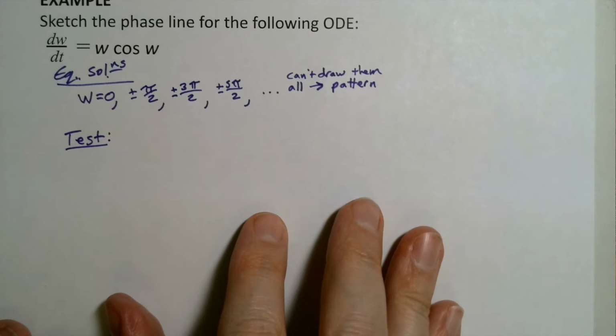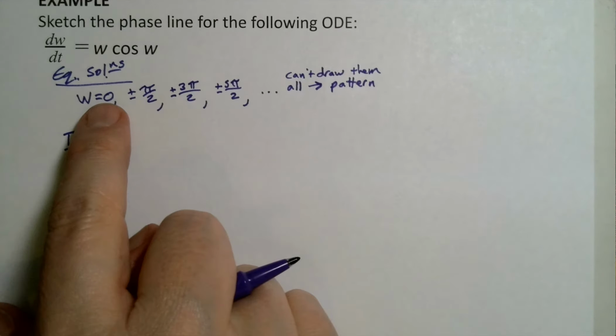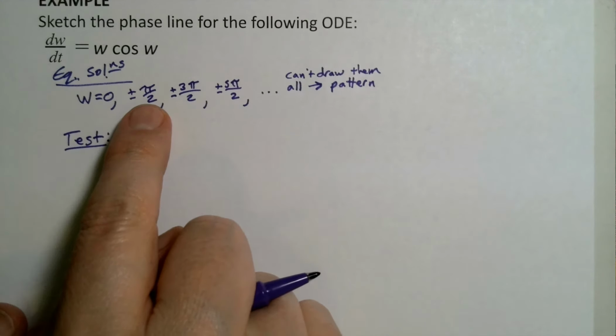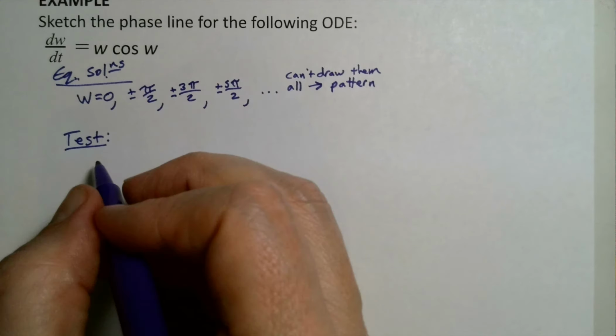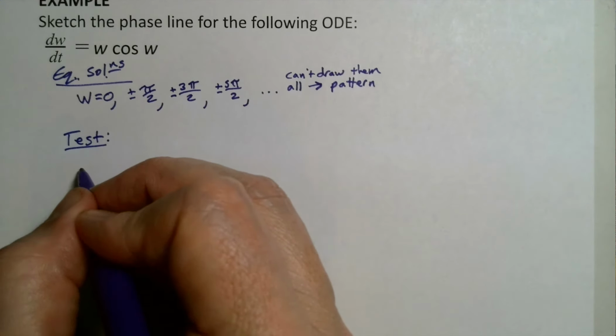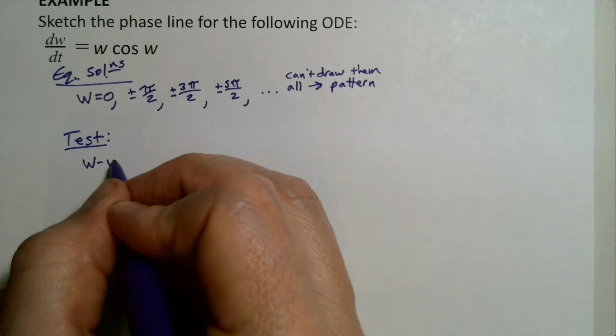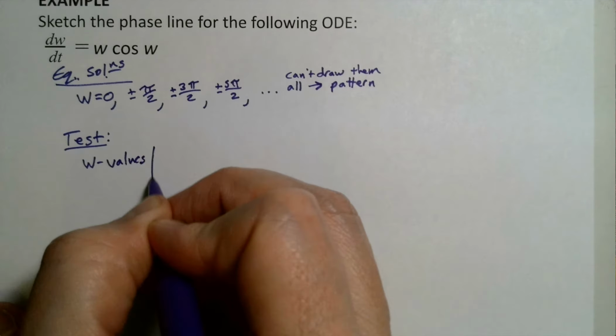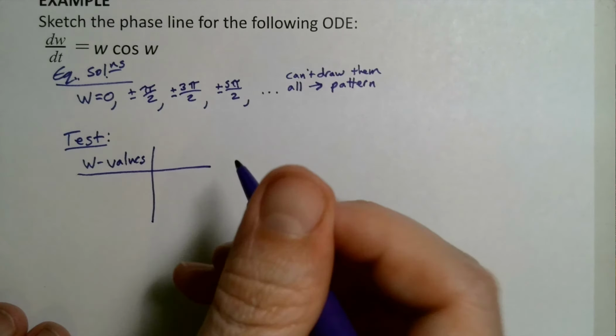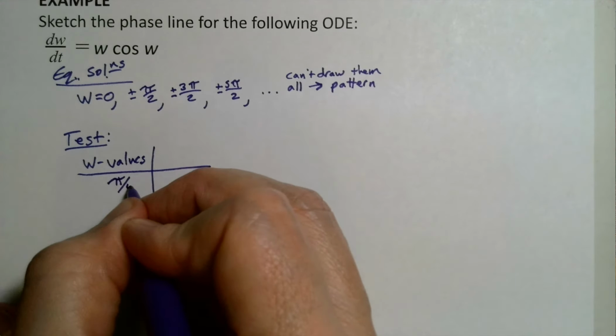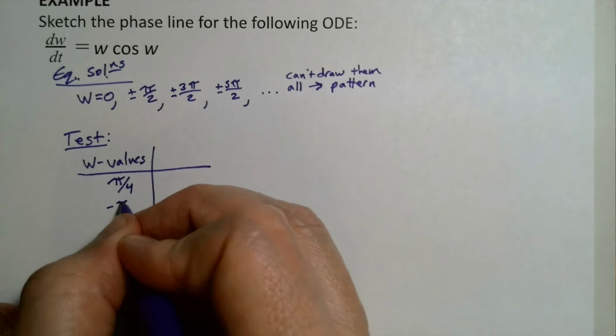And so our intervals are going to need to be right around 0, but smaller in size than pi over 2. Okay, so our W values that we're going to test, the first one might be something like pi over 4 and negative pi over 4.